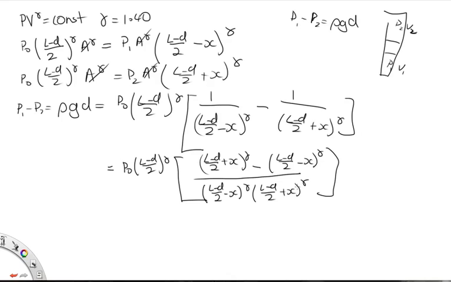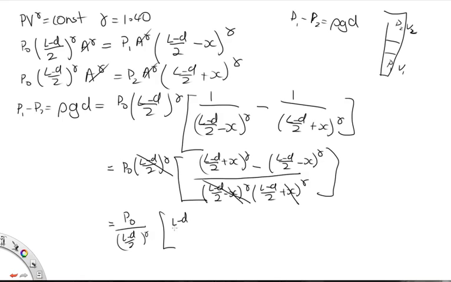Okay, now we can make the same approximation as last time. This is small compared to that, and this is small compared to that. So those x's we can ignore. So one of these terms will cancel with that term there. So let's rewrite this. We've got P naught over (L minus D over 2) to the gamma. Now, to deal with this, we actually need to take out L minus D over 2 as a common factor.